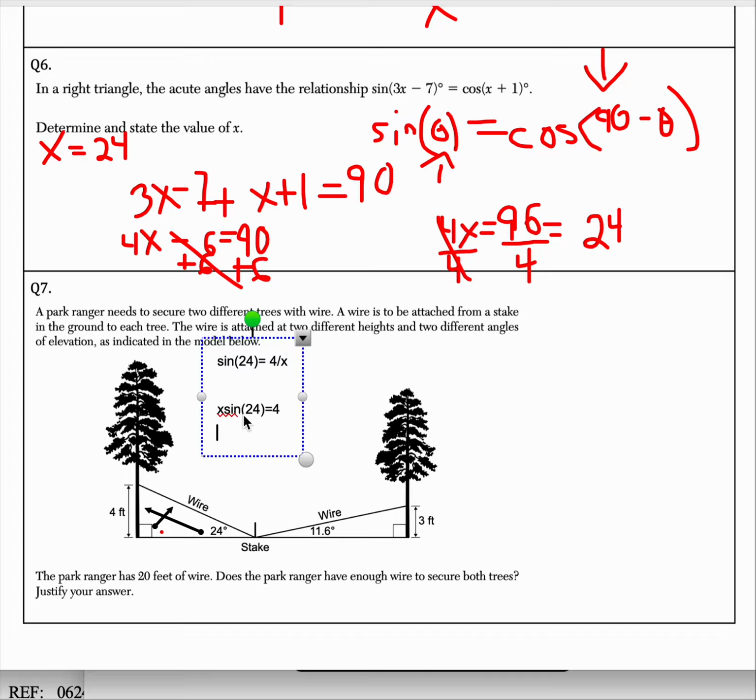And then we're going to divide out sine 24 on both sides, right?